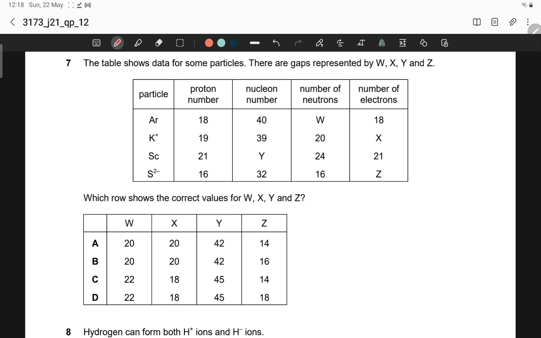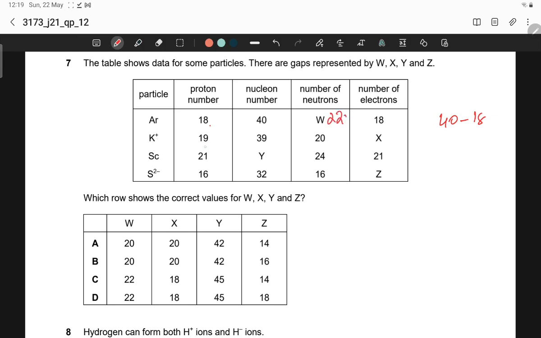Proton number 18, nucleon number 40, and number of neutrons will be 40 minus 18, which is equal to 22, so the number of neutrons is 22.